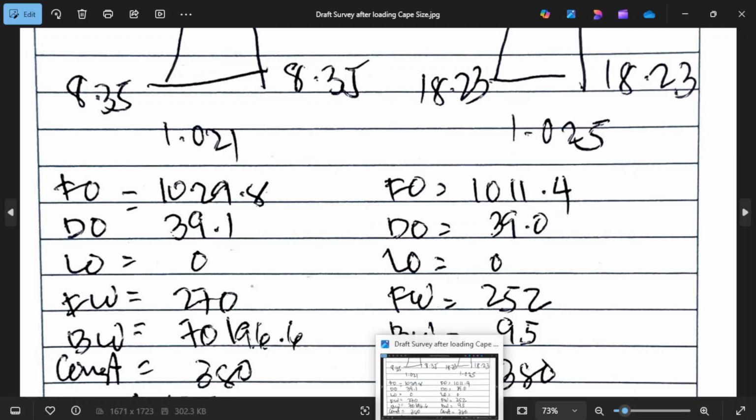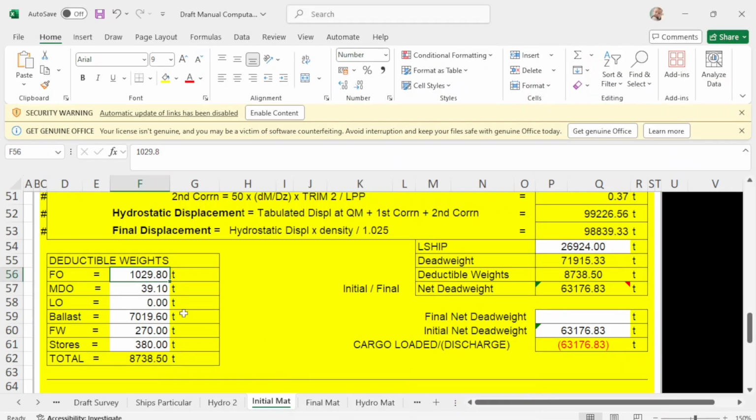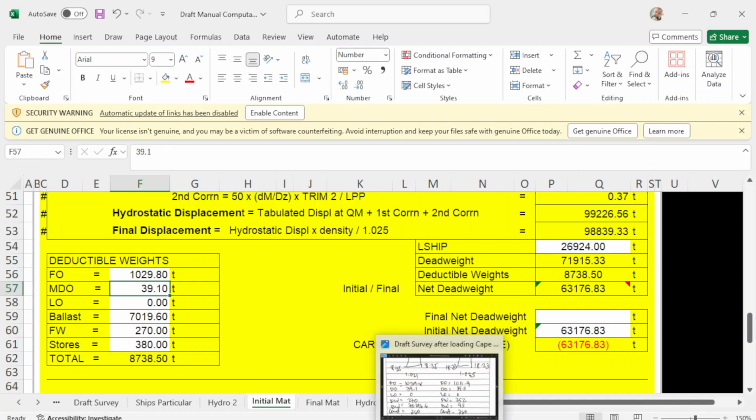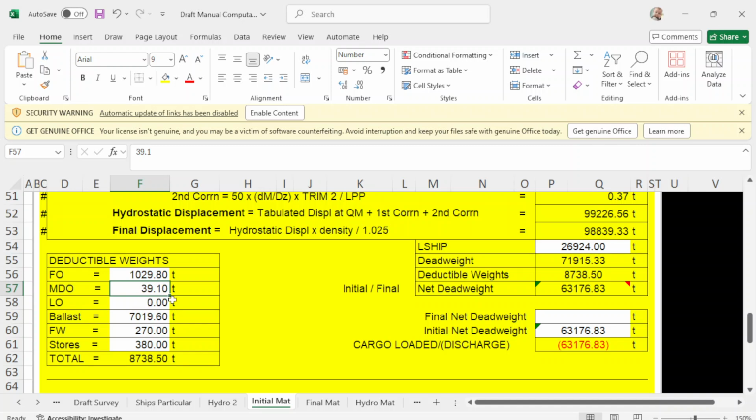Okay. 39.1. Okay, correct. Ballast is how much?